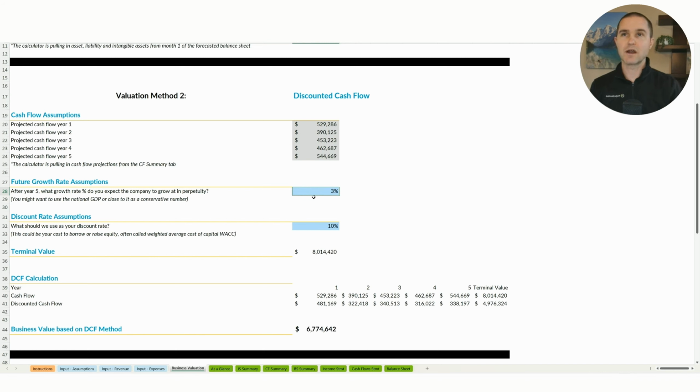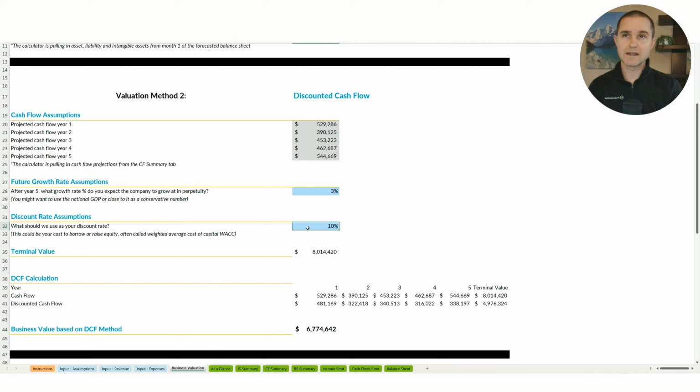GDP, the gross domestic product. So that's how the economy grows on average, 3%. So that's a safe number to pick, that it'll grow 3% forever. And then the discount rate, this is very subjective and can be different. Investors will have different discount rates and what they want to consider the discount rate. So this is basically your cost to borrow or raise equity.